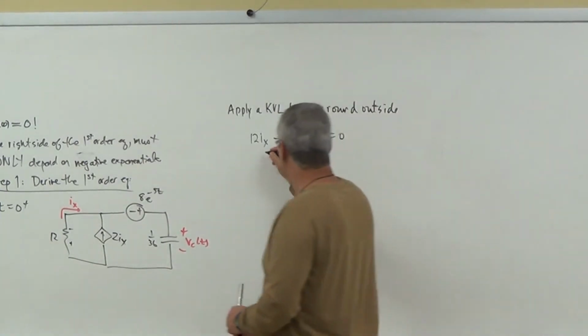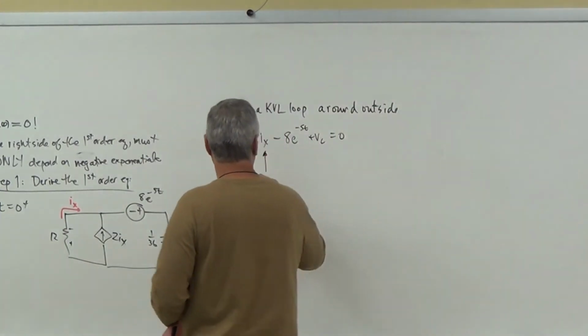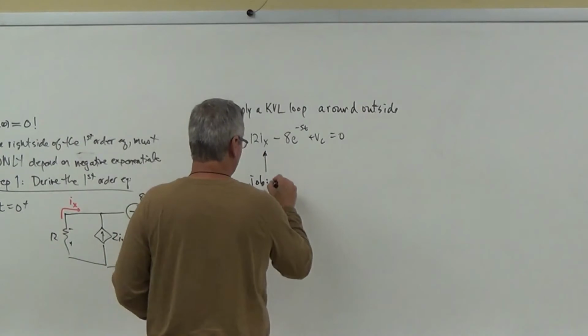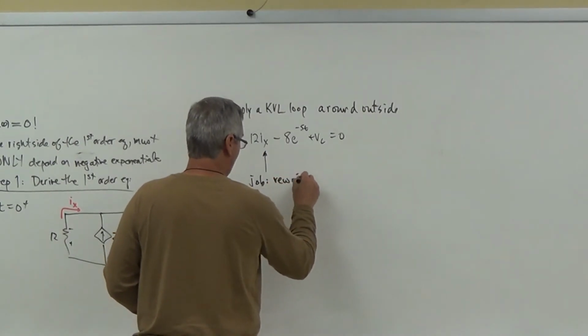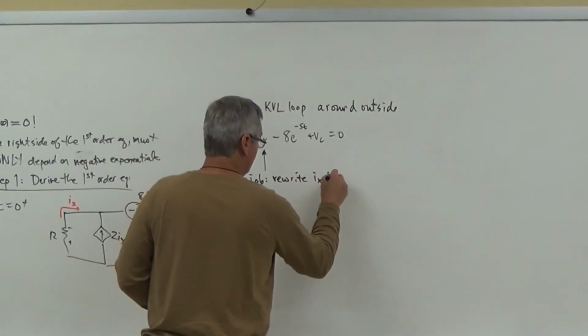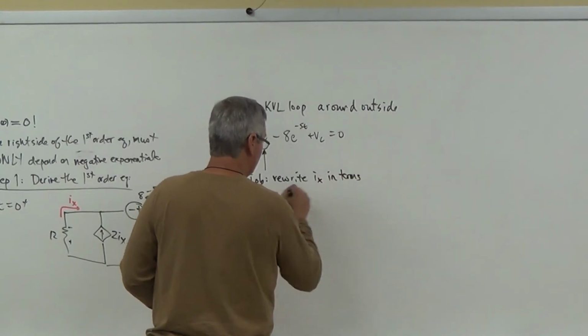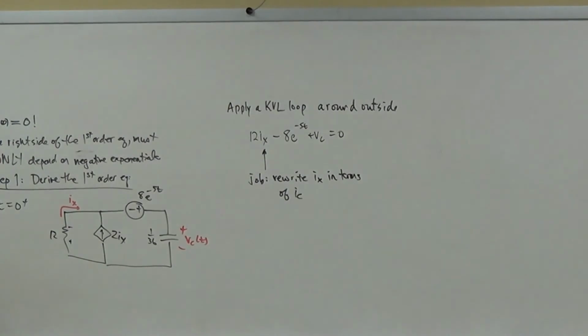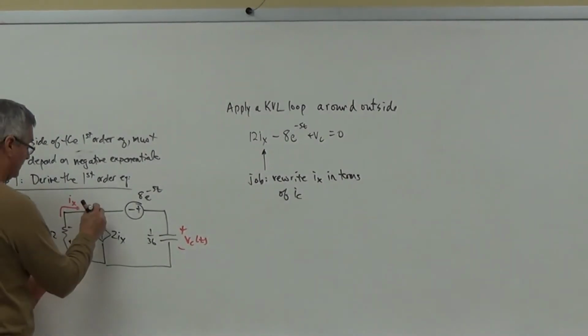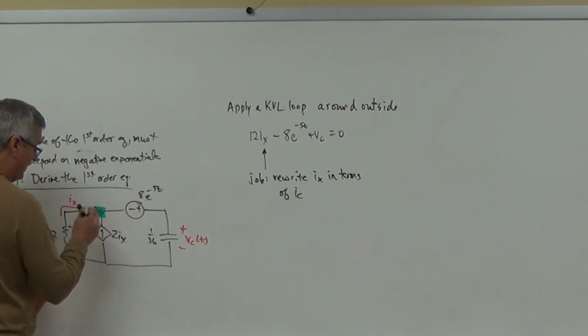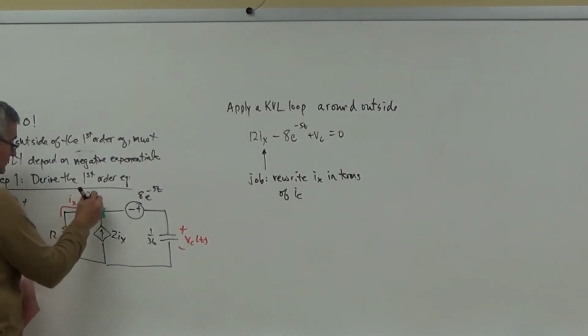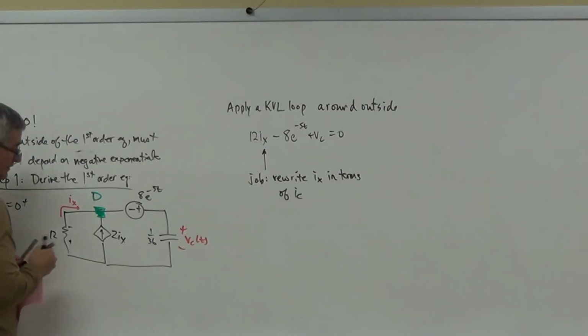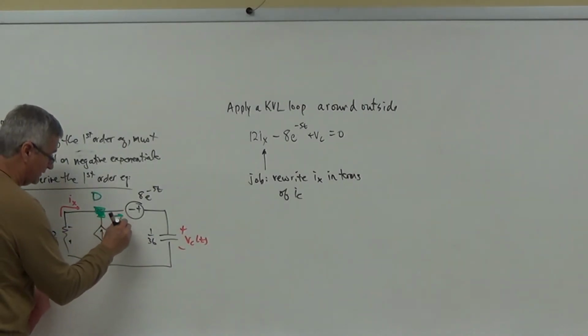So now I got VC, so my job is to write down this DC in terms of what? IC. So the job here has to be to rewrite IX in terms of IC. If I do that, I'm going to look at this node right here. Let's call this node, I don't know, D. You can see here that the current is IC right there.